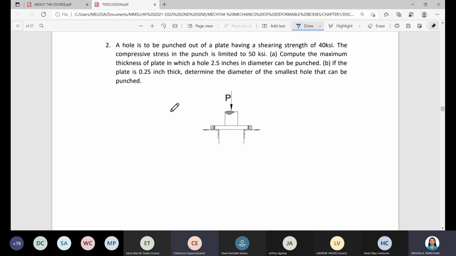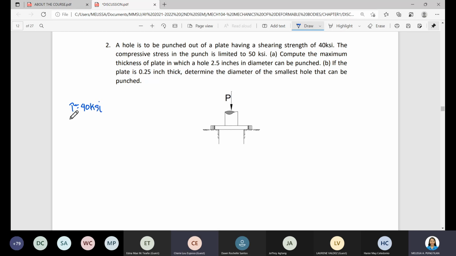Okay. So, meron daw tayong shearing strength of 40 KSI or kilopounds per inches squared.